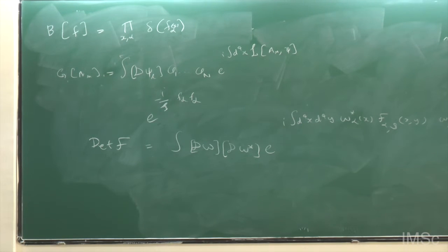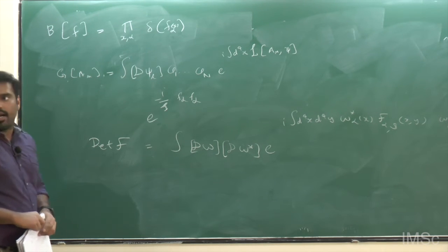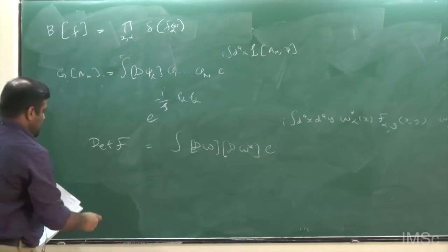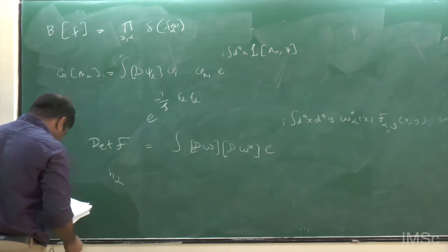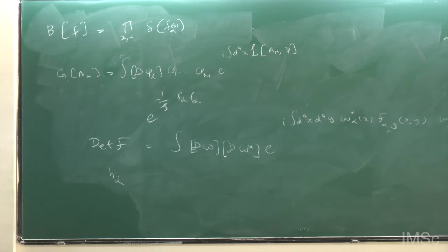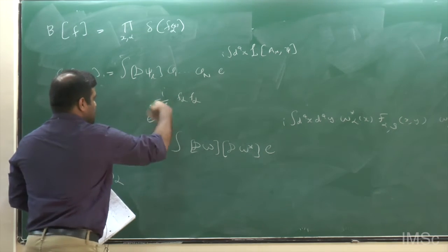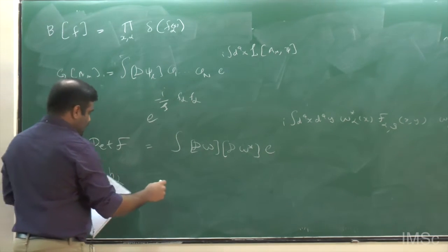Now before analyzing the BRST symmetry, you can add one more auxiliary field, which I denote by H alpha. The statement is that I have to replace this piece with another piece.